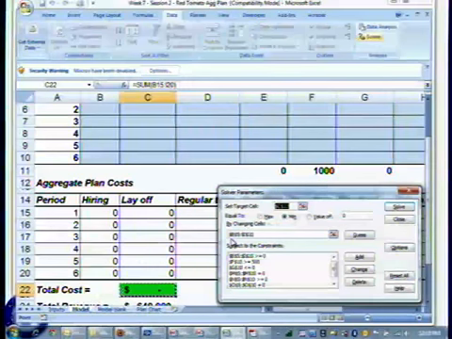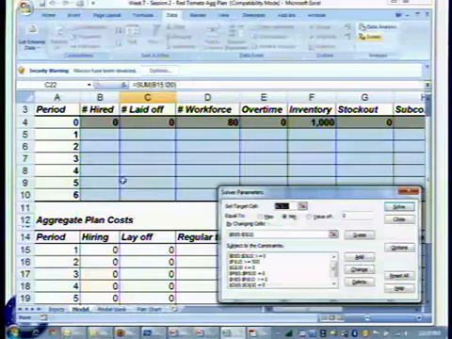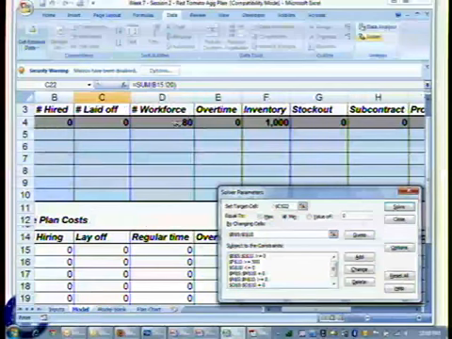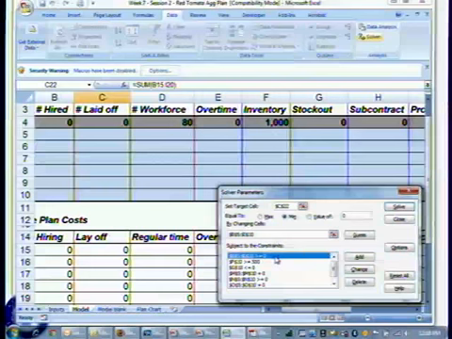You want to do that by changing the cells, which are the blue cells up here. This first constraint, B5 to I10, simply assures that all of the values are going to be non-negative. Okay, greater than or equal to 0.